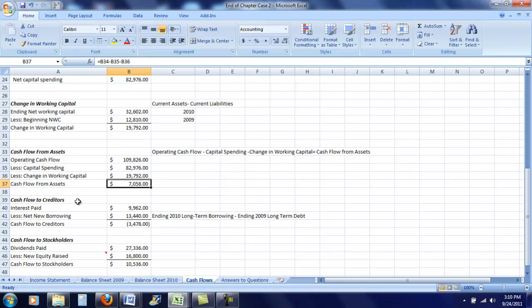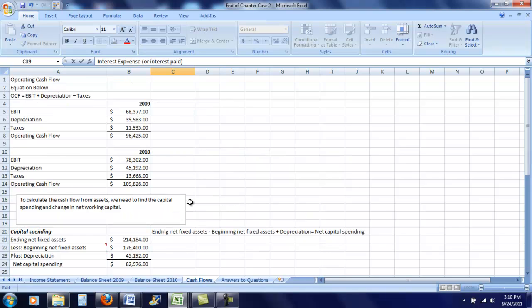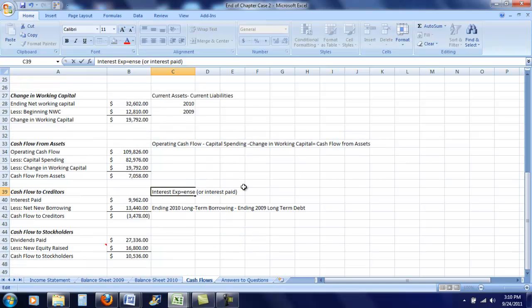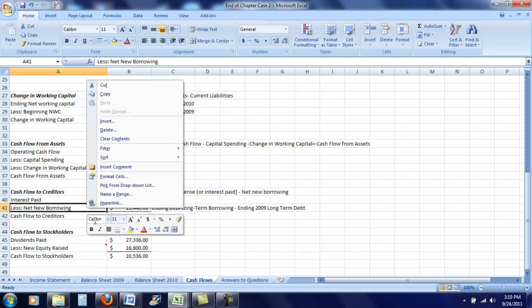This is also a problem in your homework. So the first thing I do is I take the interest paid and I subtract my net new borrowing. I'm going to add a little comment in here for you.